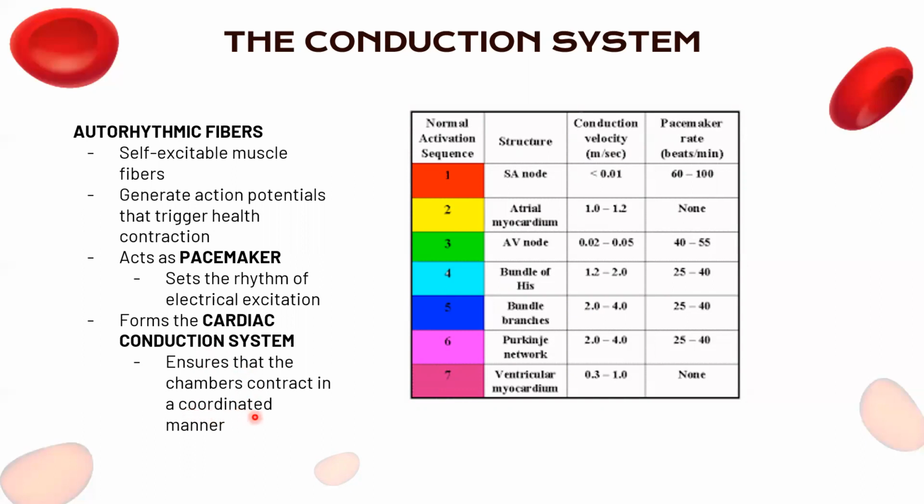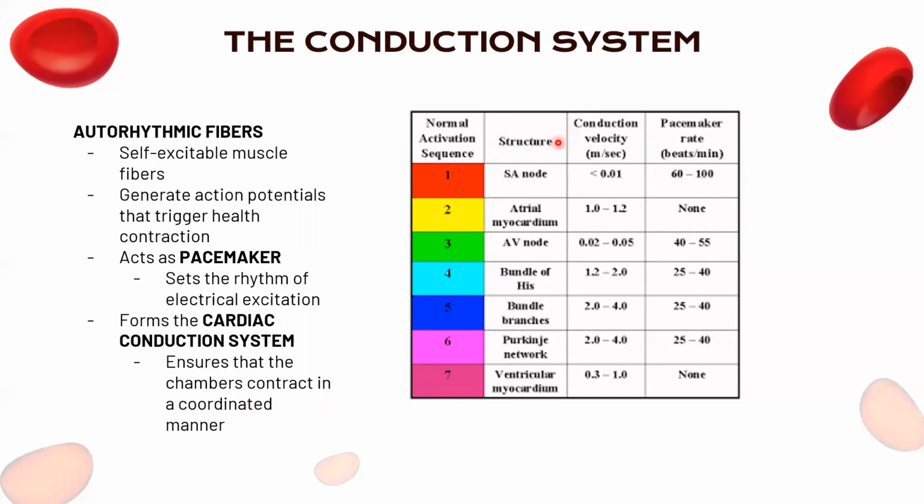Remember, coordinated, because if the heart is not contracting in a coordinated manner, there would be murmurs heard which are not normal, and the tracings in our electrocardiogram would be abnormal.